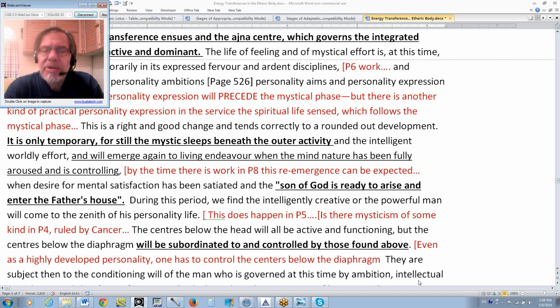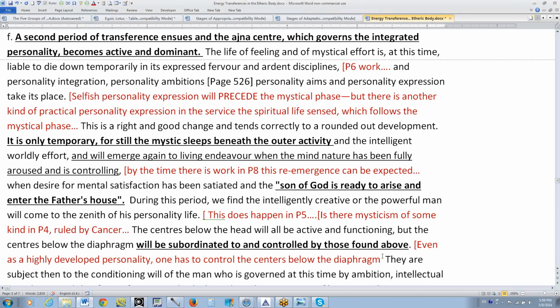In other words, so many of those urges that are connected with the lower desire and lower passions can lead a person off the path of personality success, and they come crashing down due to the ill regulation of those centers. So the will is involved here.